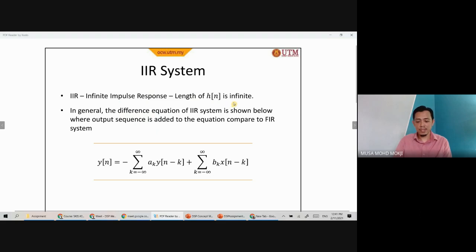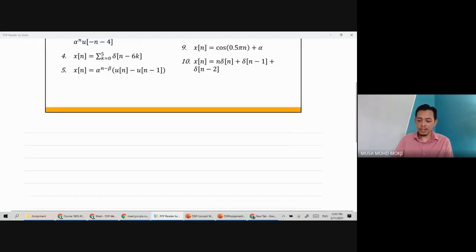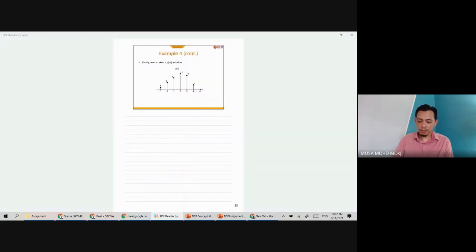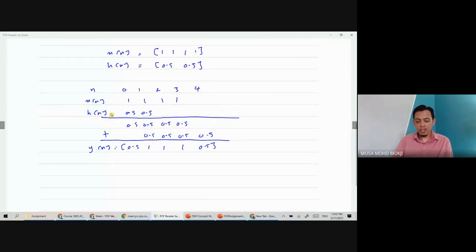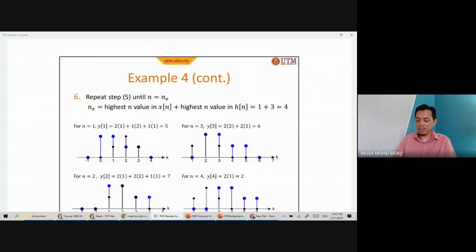When you need to do the summation, even with the shortcut method, your h[n] is infinite, so you have an infinite sequence of numbers. Just by looking at that, we know that it is impossible to do the convolution for IIR. We have another solution for that, but we're not going to cover it this week.